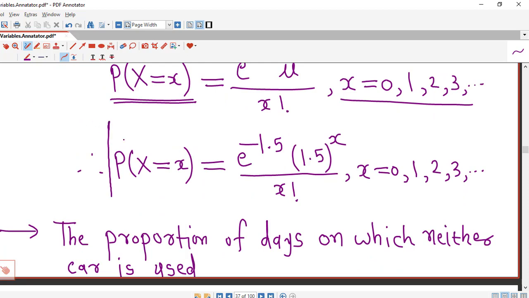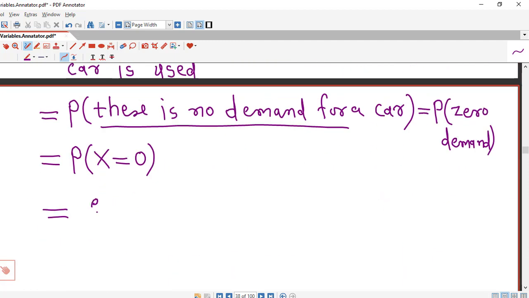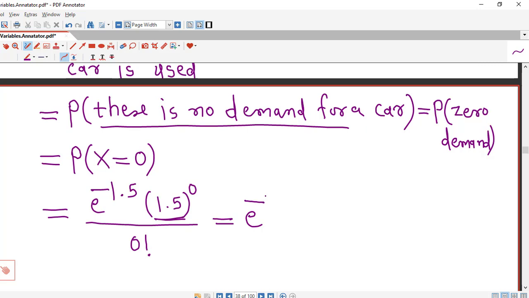So in this formula we substitute x equal to 0 and we obtain e raised to minus 1.5, 1.5 to the power 0 over 0 factorial. This is going to be 1, 0 factorial is also 1, so we have e raised to minus 1.5, and if you use a scientific calculator you have 0.22313 up to 5 decimal places.